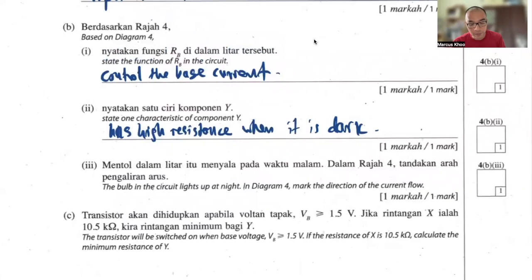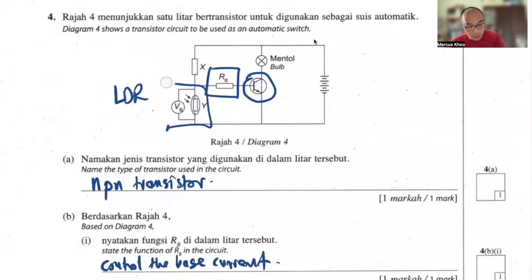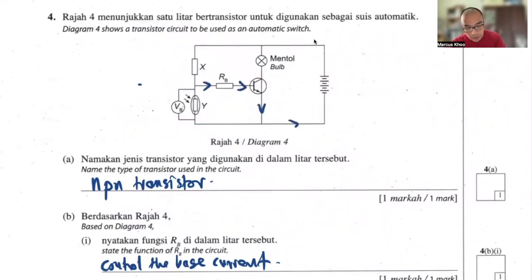So in the diagram, mark the direction of the current flow. Let me rub all this off. The direction of the current flow, of course, will have to be from here to here, all the way. It will flow this way, so it's like 3 loops all together.